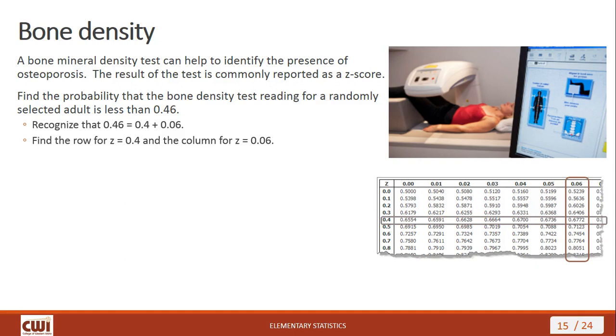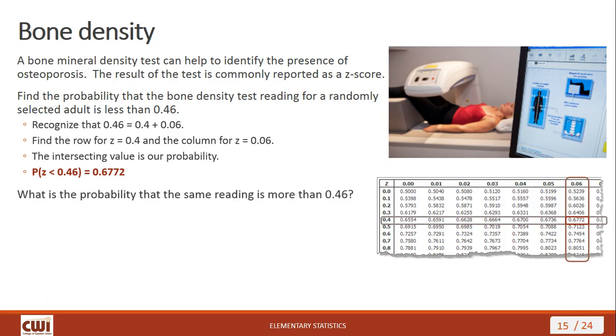And here we have the row for 0.4 and the column for 0.06. The intersection of those two will be our probability. So here the intersection lands on 0.6772. This then is the probability that a bone density test reading for a randomly selected adult is less than 0.46.